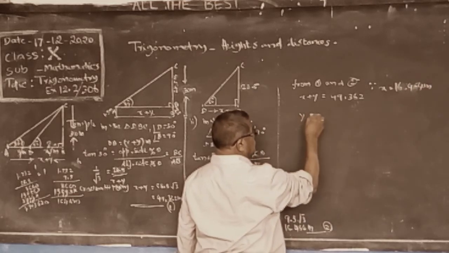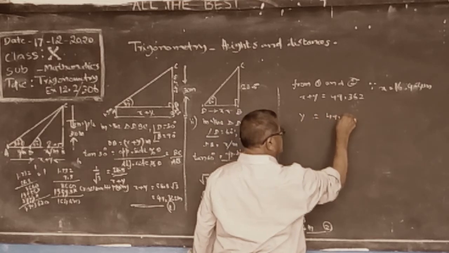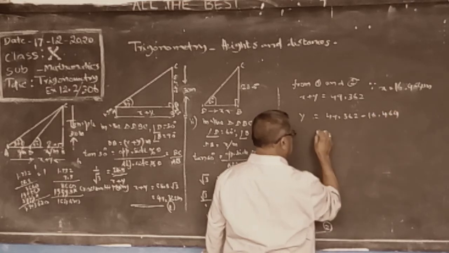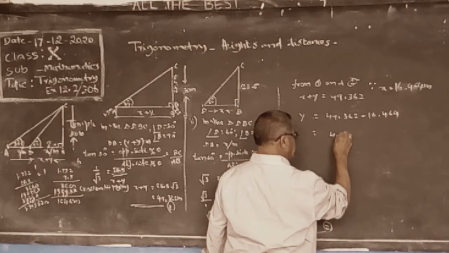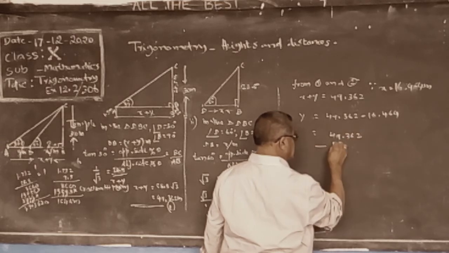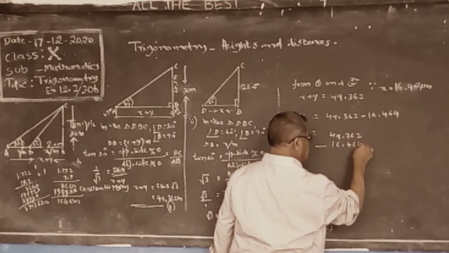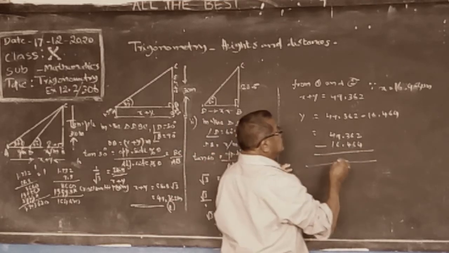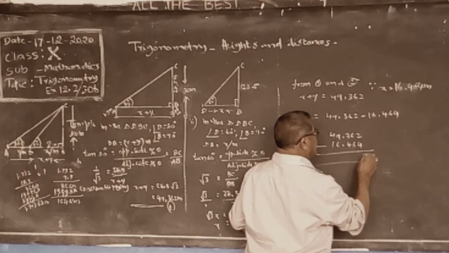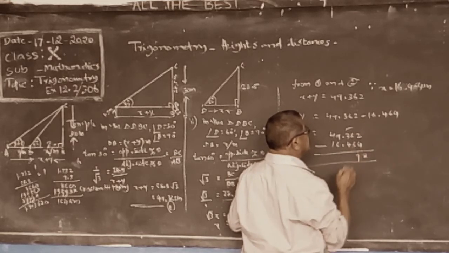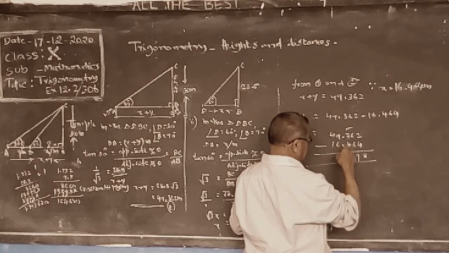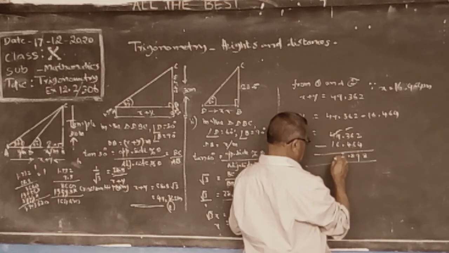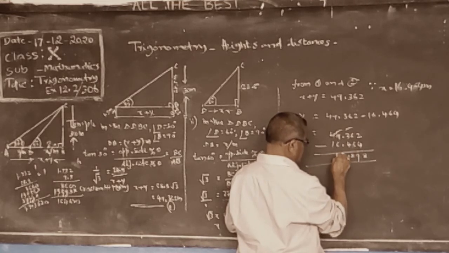Then y is equal to 49.362 minus 16.464. Subtracting: 12 minus 4 is 8, 15 minus 9 is 6, 8 minus 6, 4 minus 1.